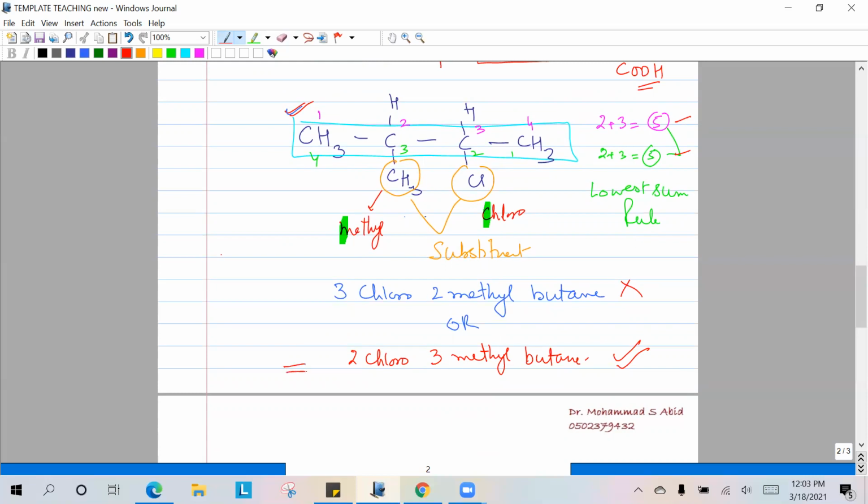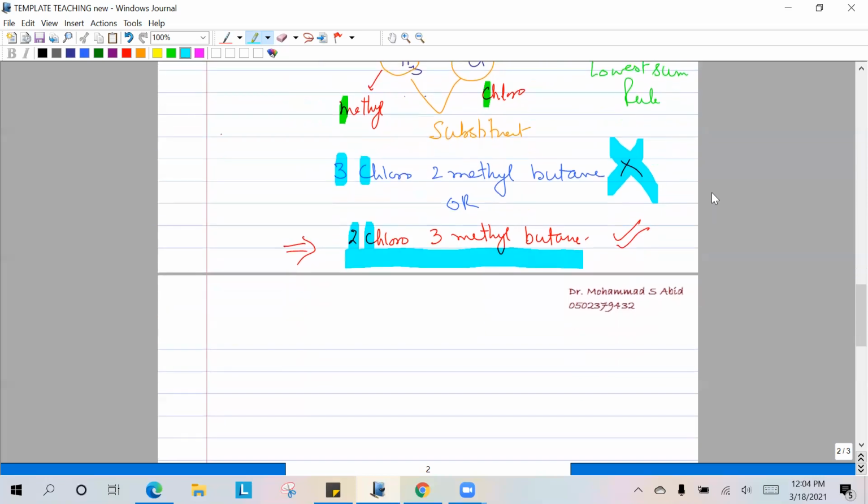But when you are writing the name this way, the substituent which comes alphabetically first is also getting a lower number. Here, the substituent which comes first is getting a larger number. So it is preferred to use this naming, not this name. If there was a difference in the lowest sum rule, then whichever is preferred, you will have to write accordingly.